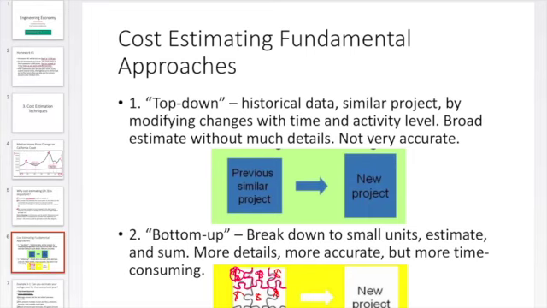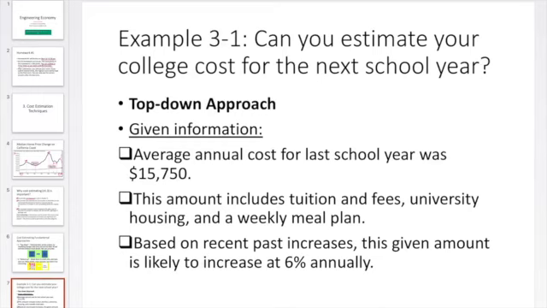Okay, now let's take a look at an example. So now we want to estimate your college cost for the next school year. Think about that. How would you do that? Okay, if I want to do that, I may just go ask my roommate.